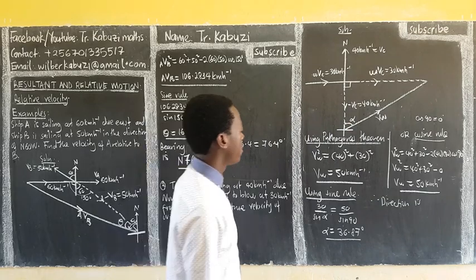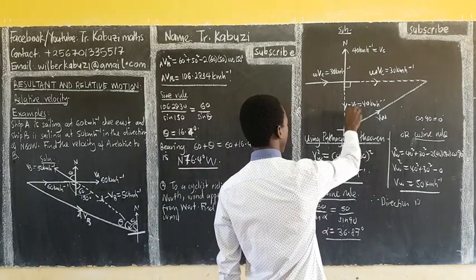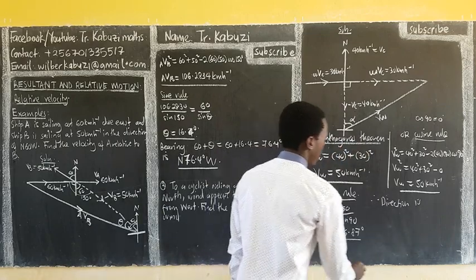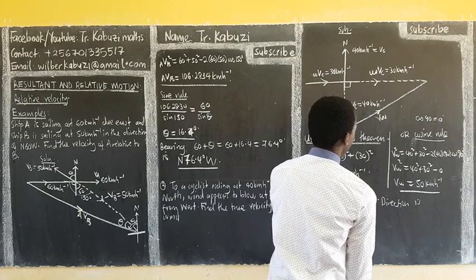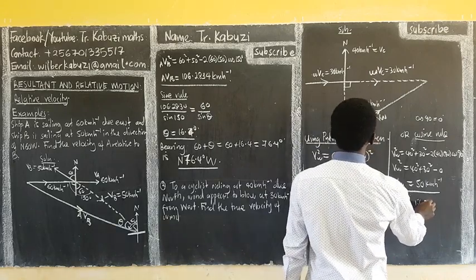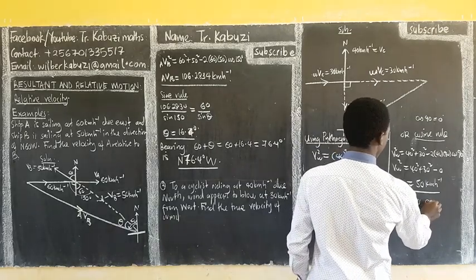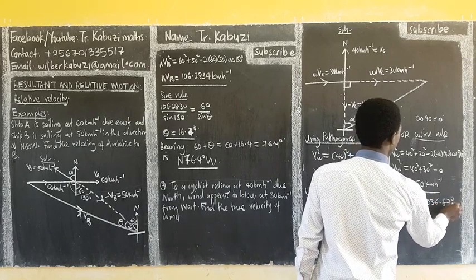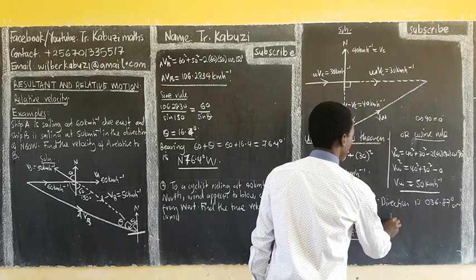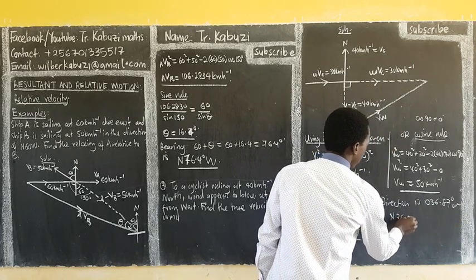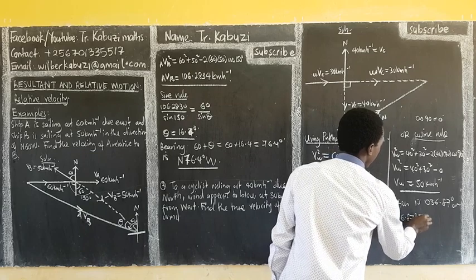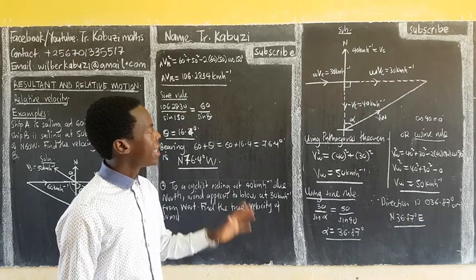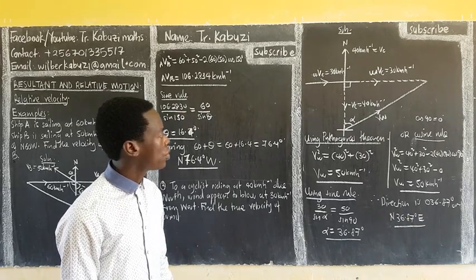The direction is 036.87 degrees, or say north 36.87 towards the east. All those describe the same thing. So that's how we handle that, members. I wish you well.